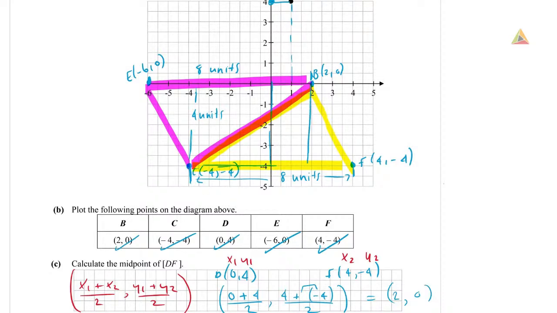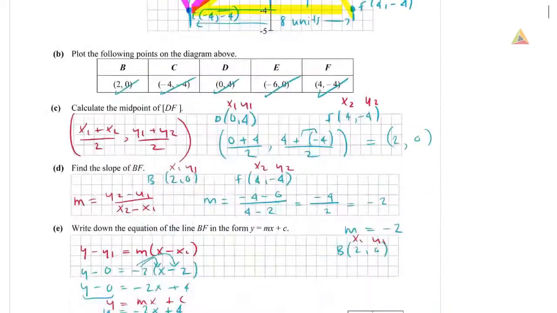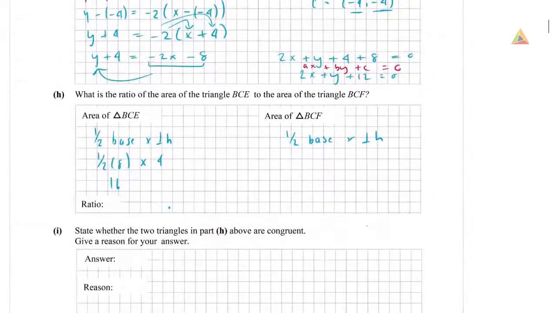Perpendicular height is this bit here, and it goes from 0 to minus 4, which means that that's 4 units. So it's the same thing again. The base is 8, so it's half of 8 by the perpendicular height, which is 4, and that's 16. So they're both 16, which means they're in the ratio 1 is to 1.